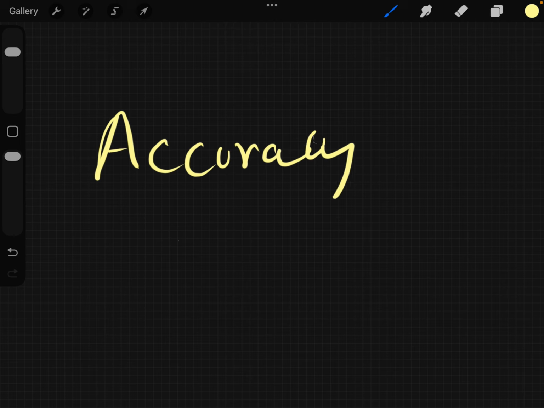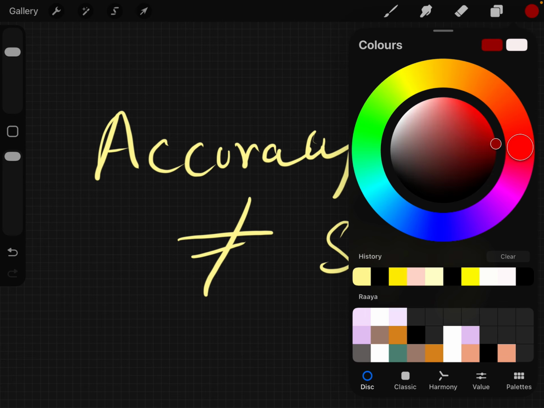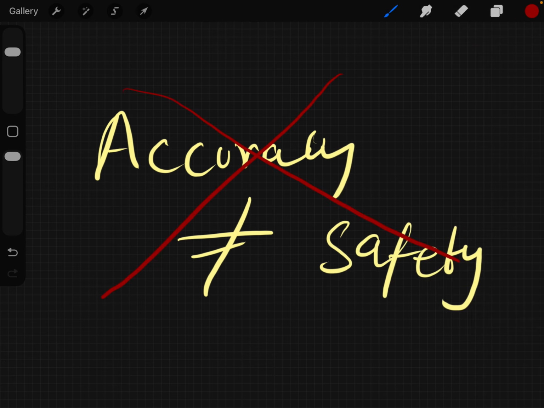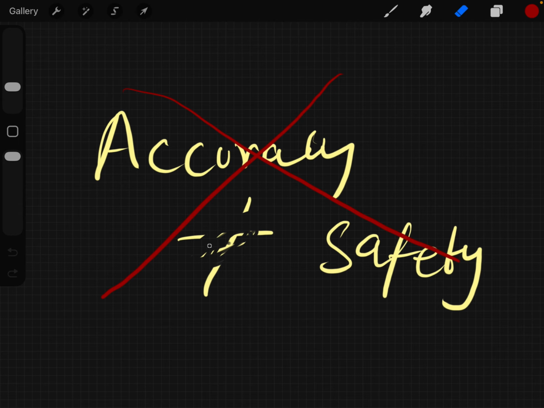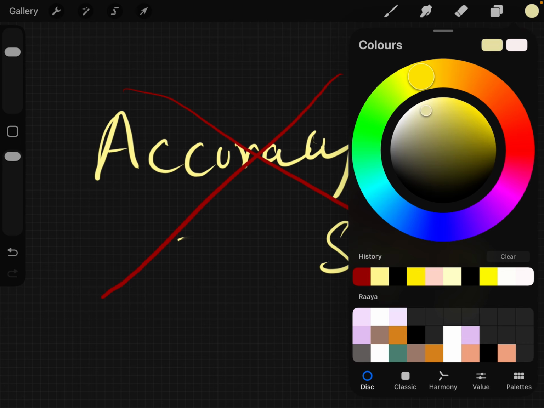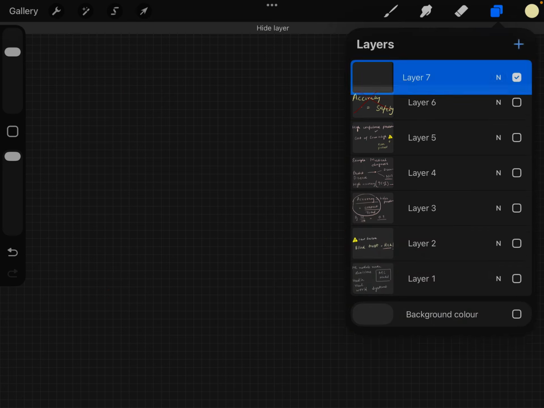Accuracy is not equal to safety. Not at all. With something like 95%, most people would immediately assume that the model is safe and use it without any hesitation.